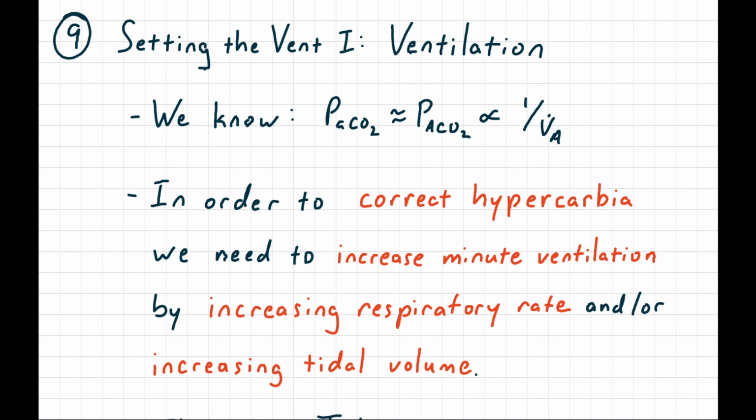This time, we're really going to dive into how to use a ventilator, with a focus on ventilation. We saw in Talk 7 that alveolar partial pressure of carbon dioxide, which relates closely to arterial partial pressure of carbon dioxide, is inversely proportional to the alveolar ventilation. So in order to correct hypercarbia, we need to increase minute ventilation by increasing respiratory rate and/or increasing tidal volume.